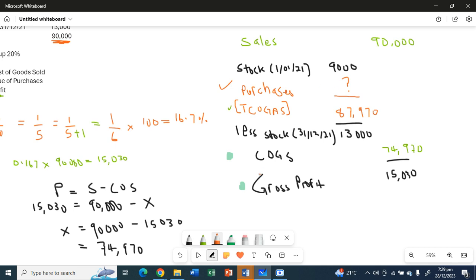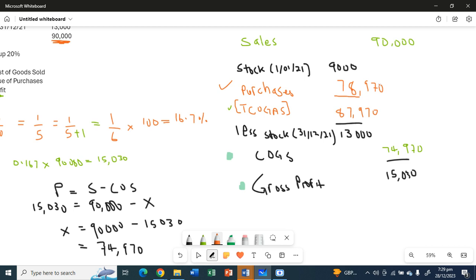You get a value of 78,970. This is your value for purchases. We just deducted opening stock from total cost of goods available for sale.